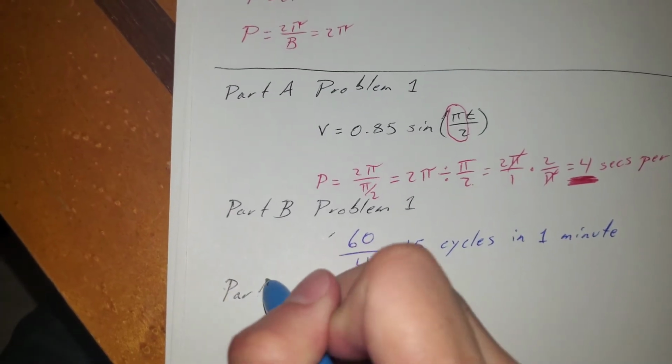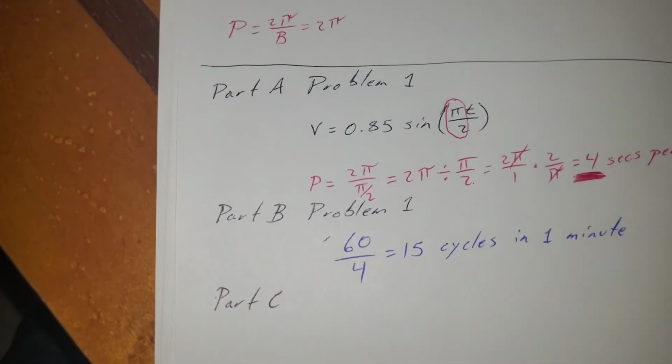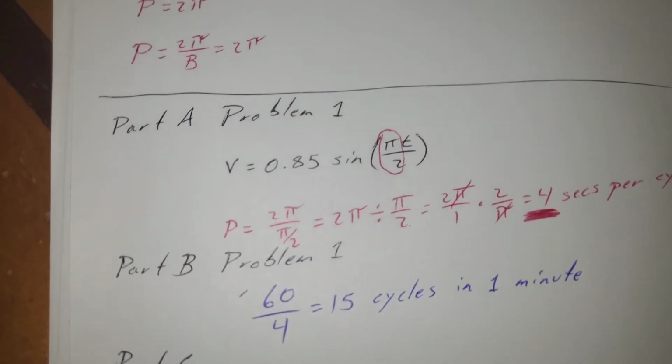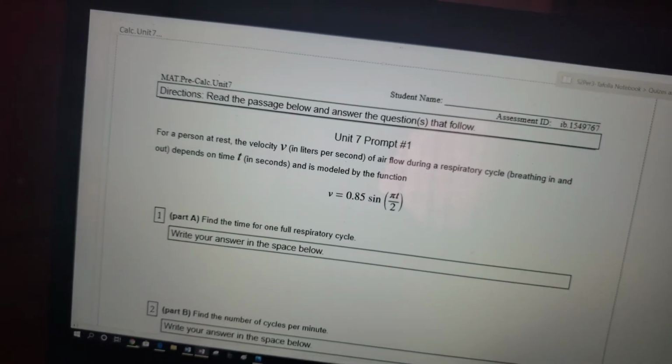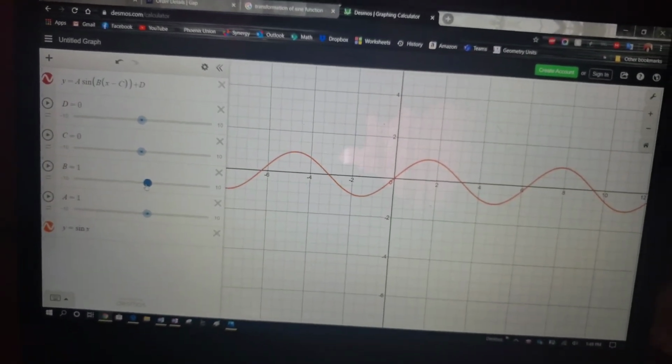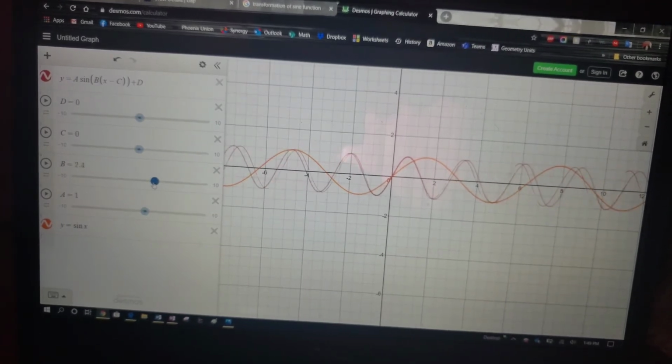Cycles will repeat more often, making B bigger. You can see it on the equation and on the graph here. If I make B bigger, more cycles will repeat.